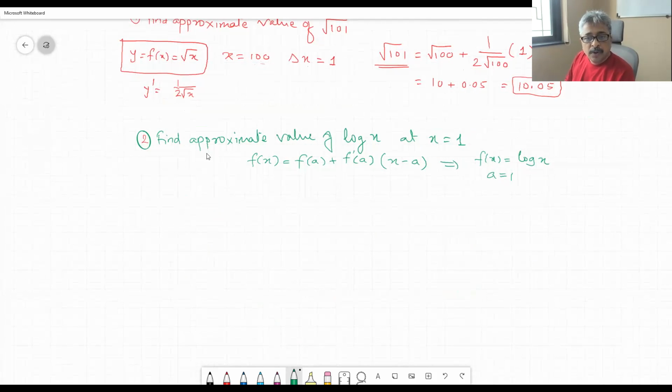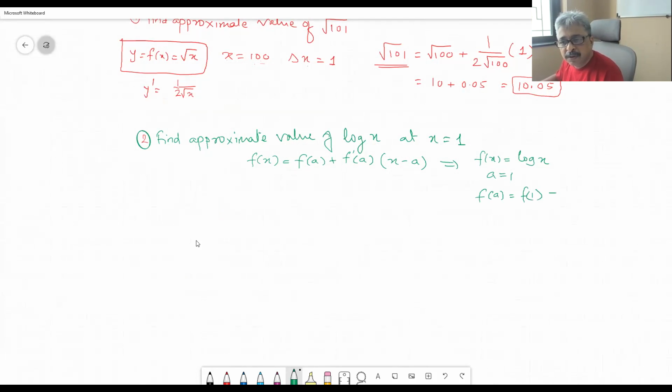So if a is equal to 1, then what is f of a? F of a is equal to f of 1 is equal to 0. Then what is the derivative? F dash of x is equal to 1 upon x. So f dash of a is equal to 1 upon 1. Okay, so simple. So f of x is equal to f of a, which is 0, plus f dash of a, which is 1, into x minus 1.